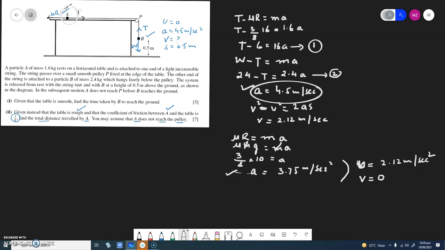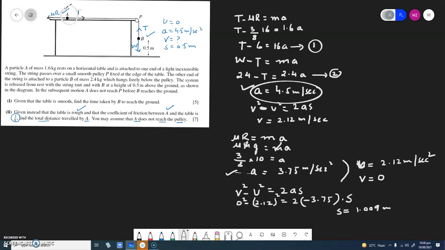Now we will be using the equation v square minus u square is equal to 2as in order to calculate the distance traveled by the particle A. Now the final velocity is of course 0 square minus the initial velocity 2.12 whole square is equal to 2 times the acceleration, and this is a deceleration in fact, so it is minus 3.75, and s is our requirement, the distance traveled by the particle A. When you calculate the values, you will get s is equal to 1.009 meters.